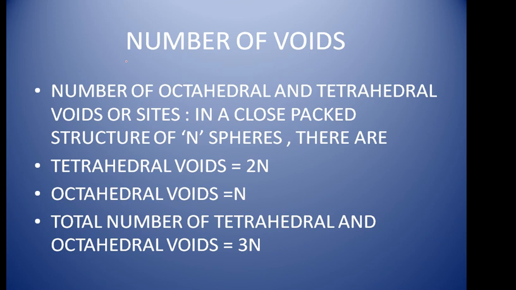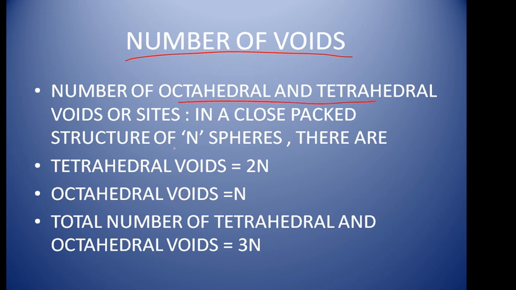Now one more thing, that is number of voids. This is an information and it is important for 1 mark question for your exam. That is number of octahedral and tetrahedral voids in a close packed structure.